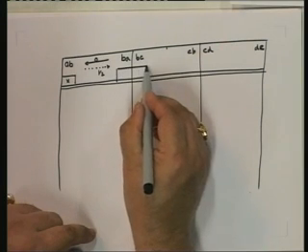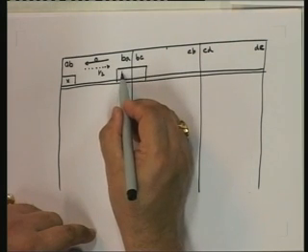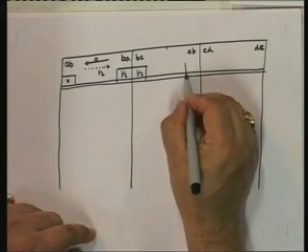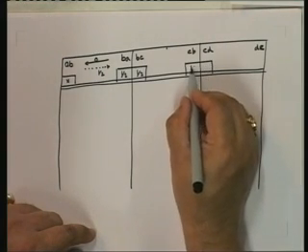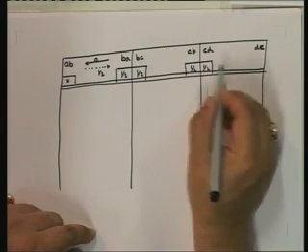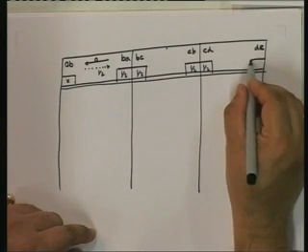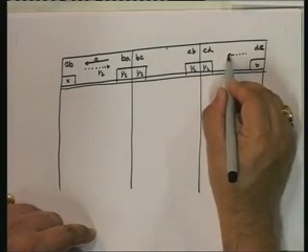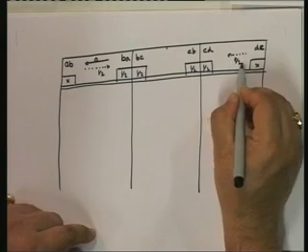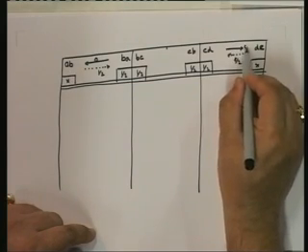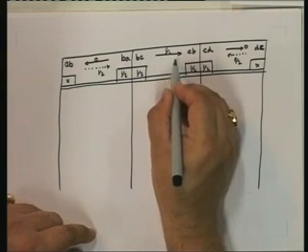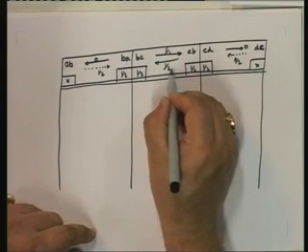Here we have half, half. Here we have half, half. And here this is 0. The only thing that we have is half for 1. This way it's 0. Here this is half, half.